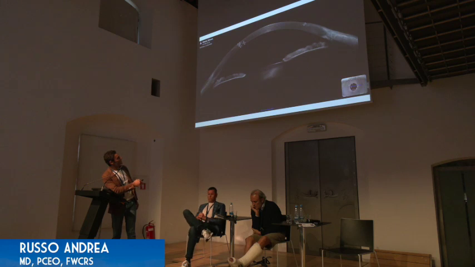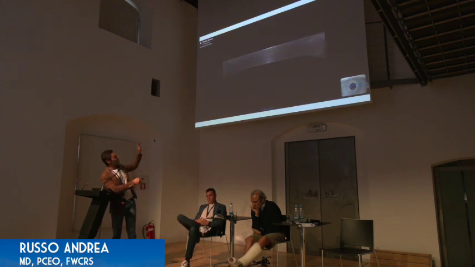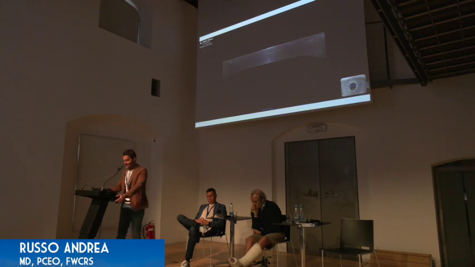So we measured everything, but you can see even better here with the anamorphic display. And in a case like this, you can see how thick the epithelium is in the periphery.